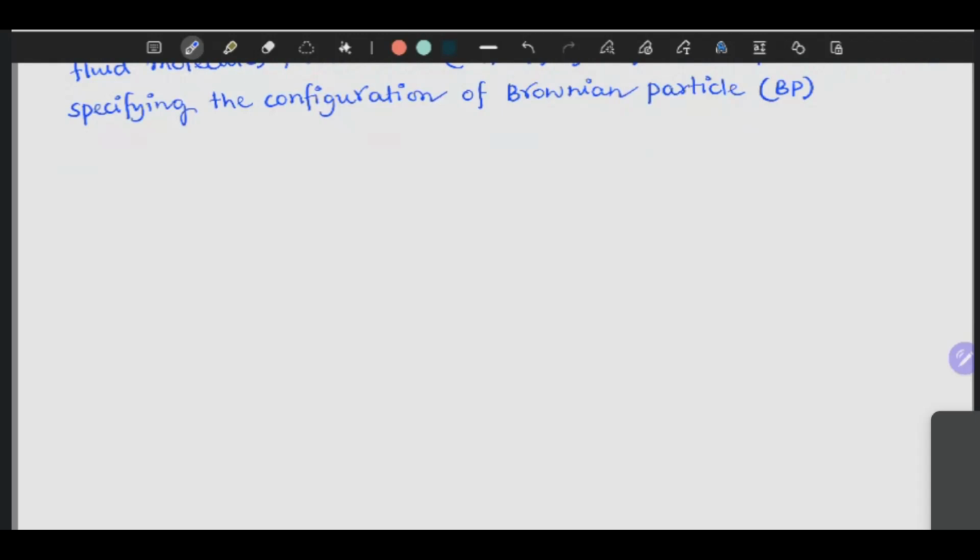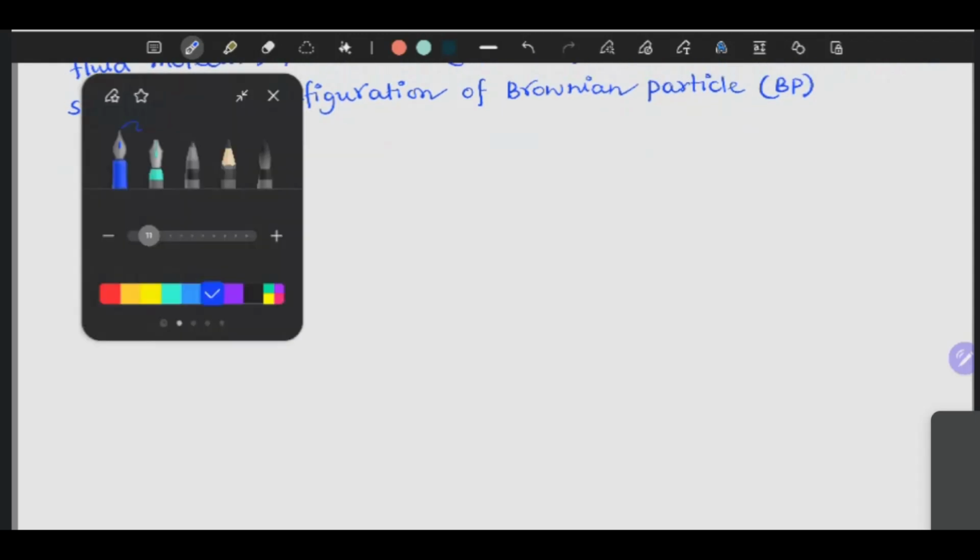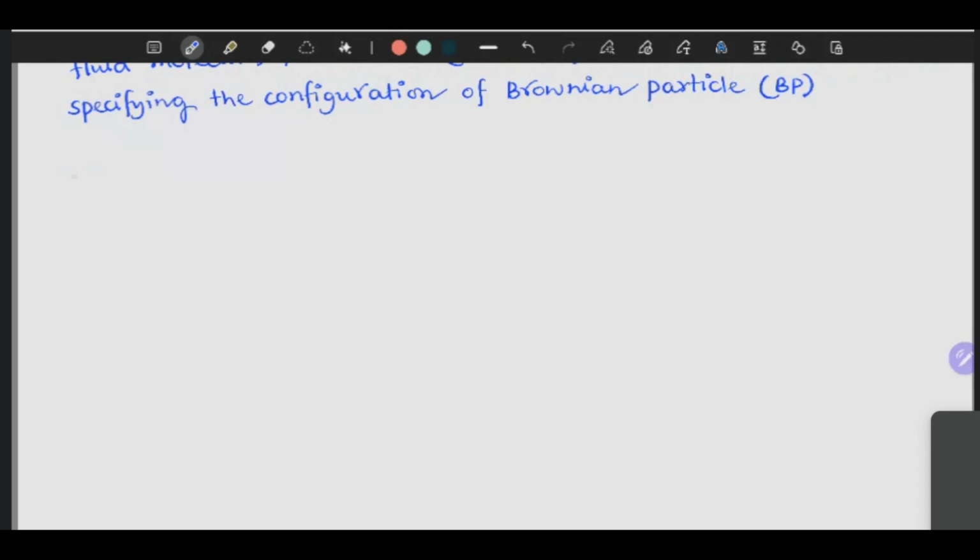So now, the forces acting on the particle. So you can think of it as, let's say, there is a big, let's say, copy it.